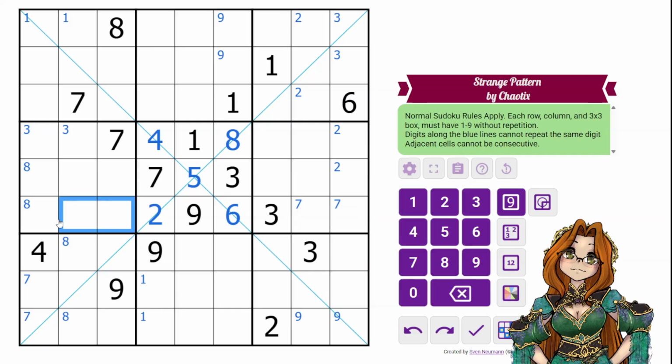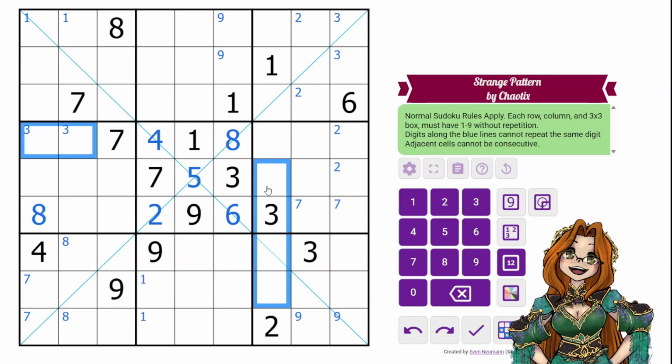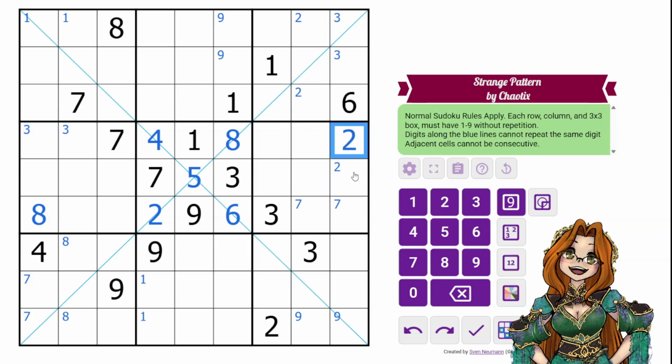And then in these 3 spots in the row, 8 by Sudoku, 8 by pencil mark. So the only place 8 can go in this row is there. And that, I think, is going to be the same with 2s. 2 can't go in next to a 3. 2 can't go here. And 2 can't go here. So this is going to be our 2. Perfect.